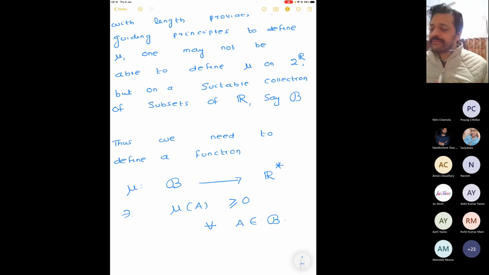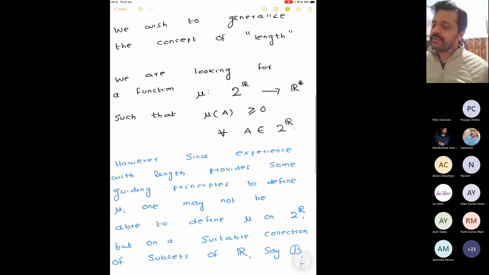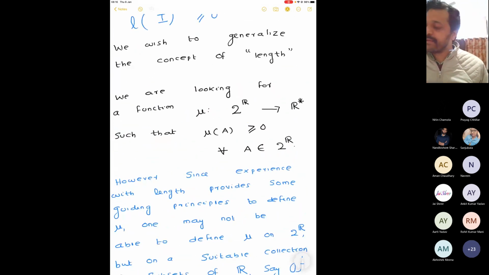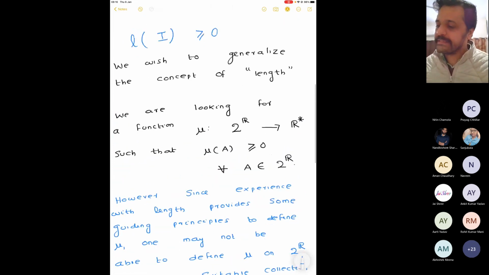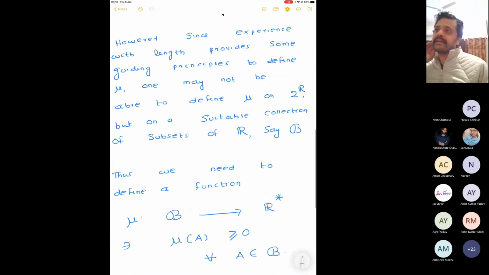It should be rich enough. For instance, if you want to talk about a generalization of length, this B should definitely contain, can you complete my statement? All intervals. That is script I. B should definitely contain script I, and B may reach up to 2 power R. We don't know.